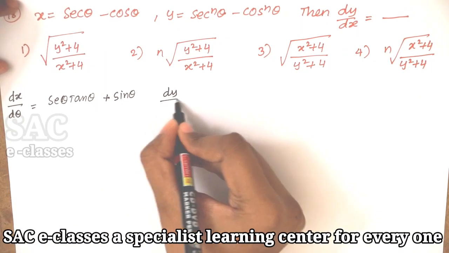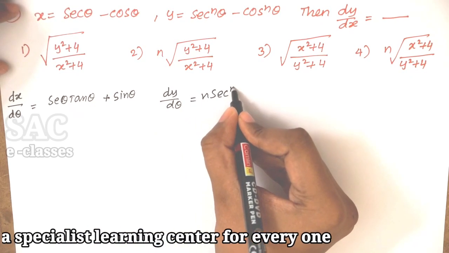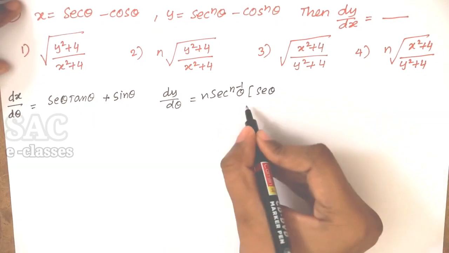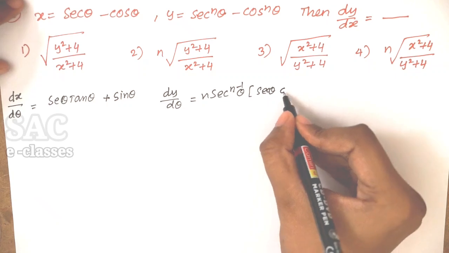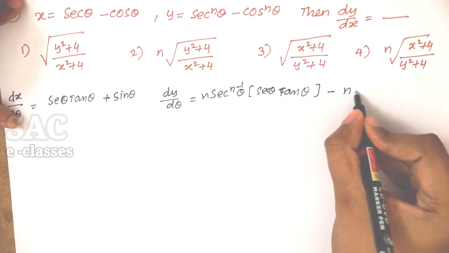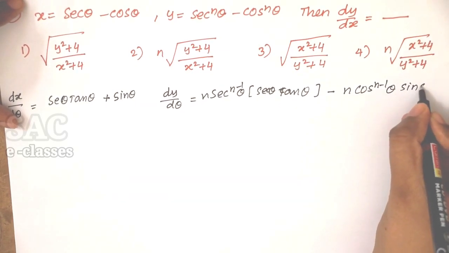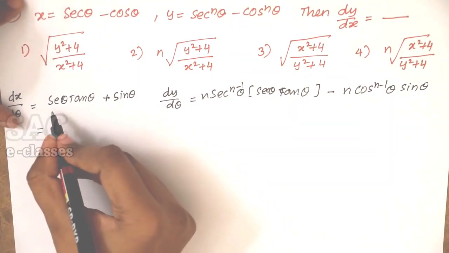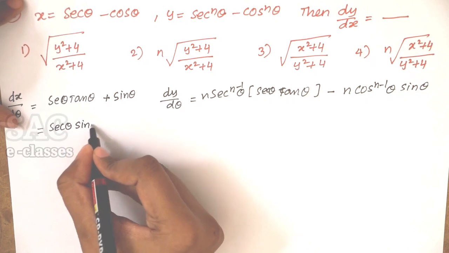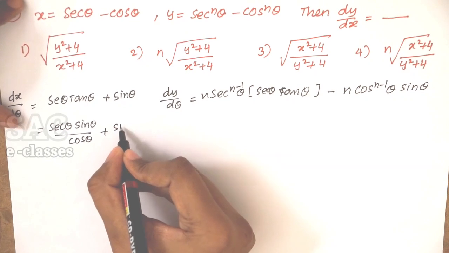Then dy by d theta is equal to n into secant power n theta into its inner function's differentiation, secant theta into tan theta, minus n into cos power n minus 1 theta into sin theta. Let us simplify this one. Secant theta into sin theta by cos theta plus sin theta.